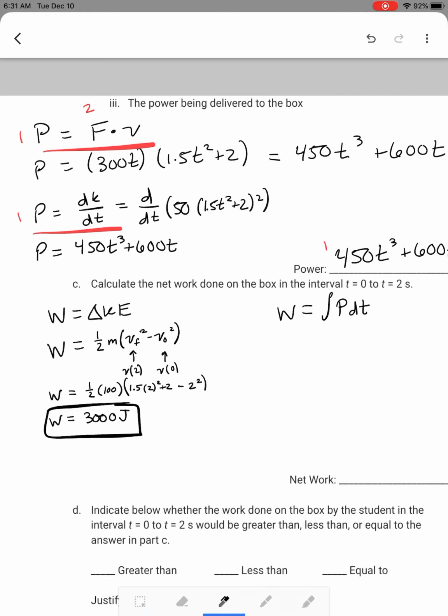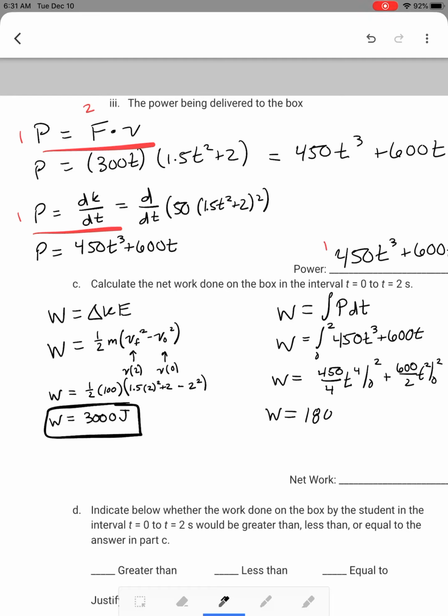So then all you're going to do here is plug in your function for power. Work is equal to the integral from 0 to 2 of 450 t cubed plus 600t. So this is going to change to 450 over 4 t to the 4th from 0 to 2 plus 600 over 2 t squared from 0 to 2, which will give us 1,800 joules plus 1,200 joules, which again gives us a net work of 3,000 joules. So 2 ways of doing that one.